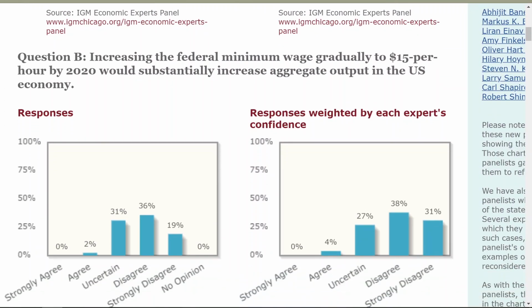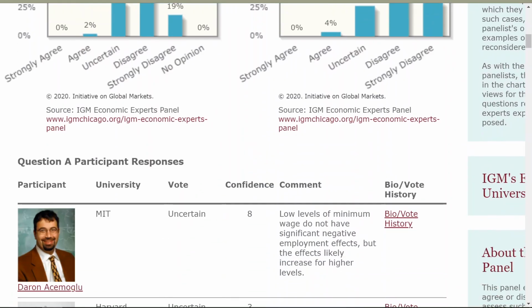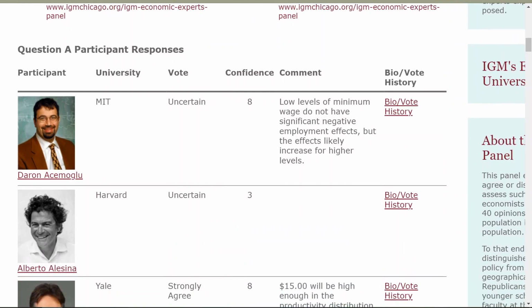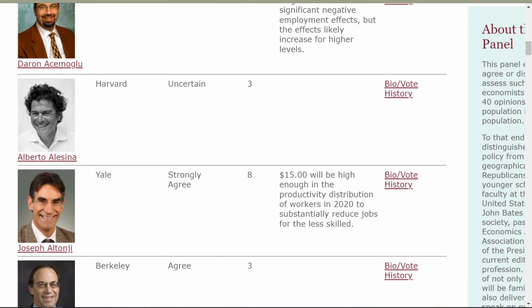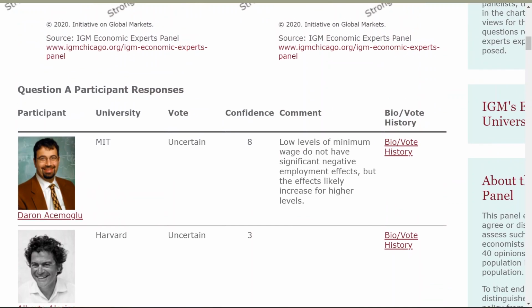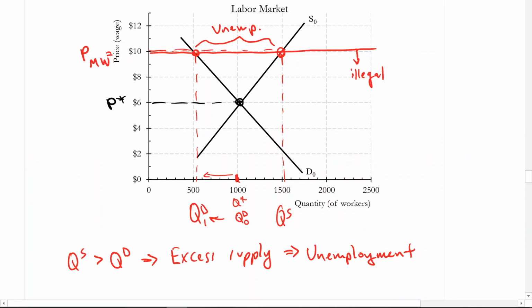If you scroll down, you see more things, and you can see who the economists are who voted, how they voted, and some of them put comments. Not all of them, but some of them do. Okay, so great website. I'm going to come back here in a few minutes to show you their thoughts on immigration. Okay, so back to the notes.